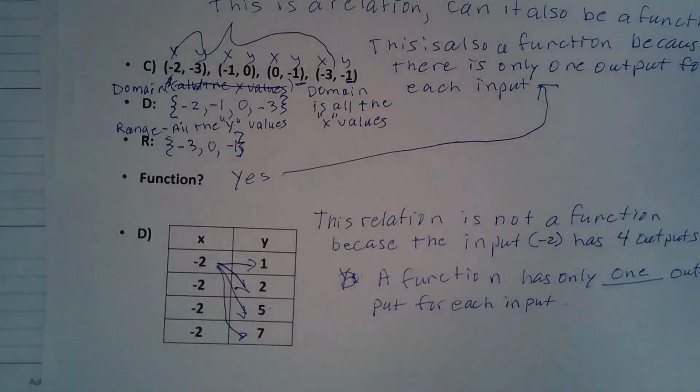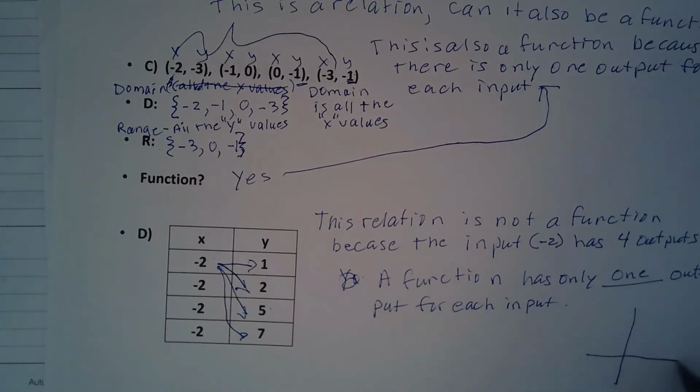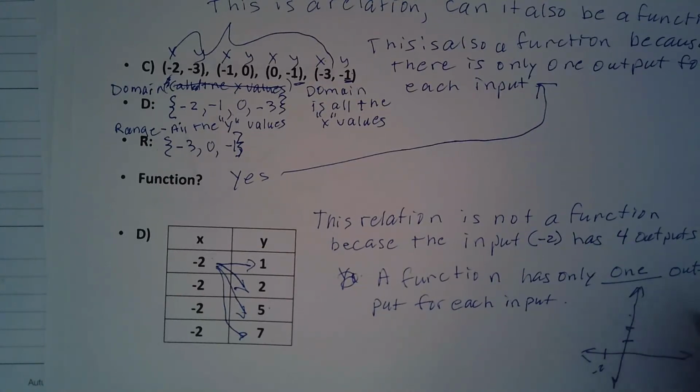Okay? All right. So if I were to graph this, it would look like this. Here's my XY graph. And so I've got, let's say this is -2, and then I've got 1, 2, I'm going to run out of space here, so let's redo this.